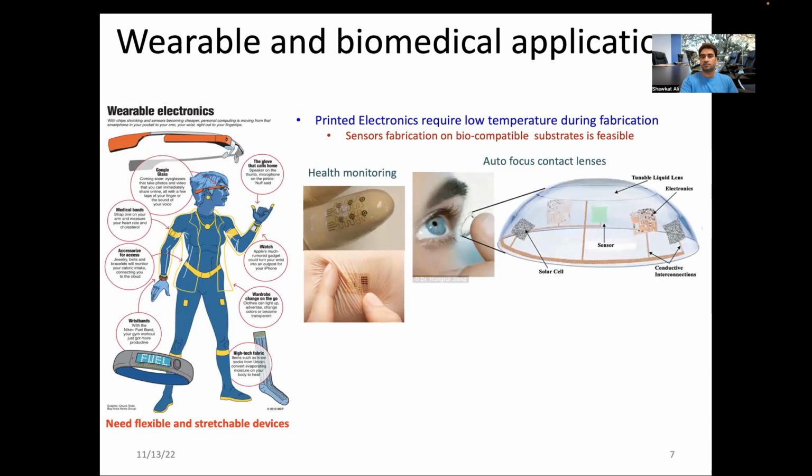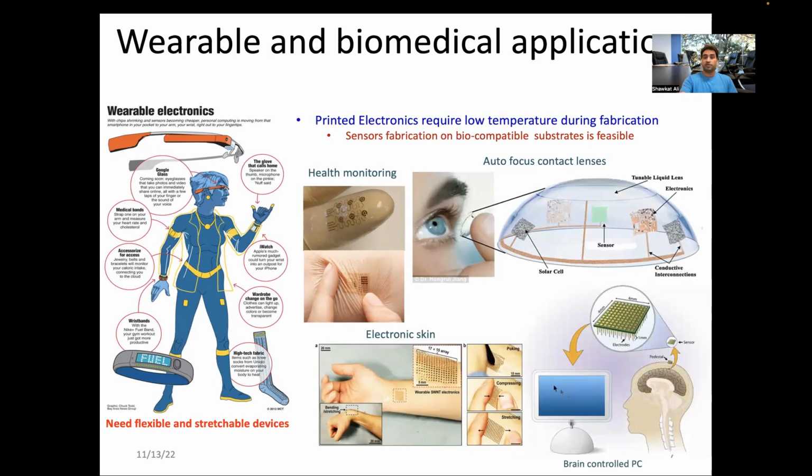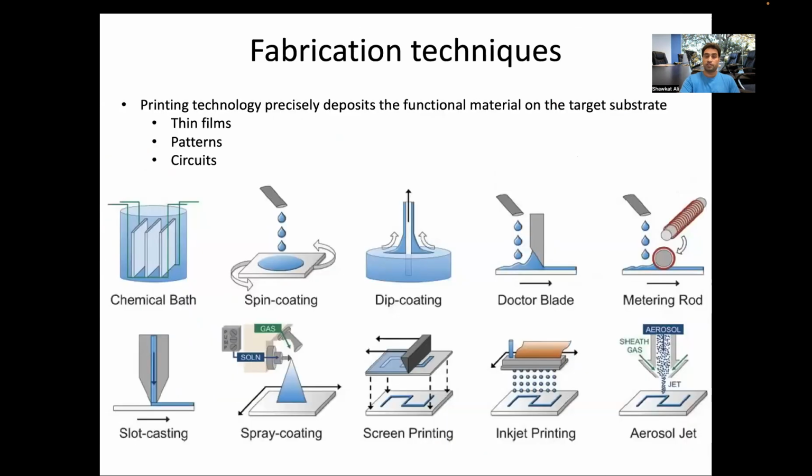It contains a solar cell for energy, and it can autofocus according to our requirement to see at long distance. Then electronic skin, and brain to computer interface. Of course, we need conformable and flexible sensors that can pick up signals from our brain and convert them into language the computer can understand.